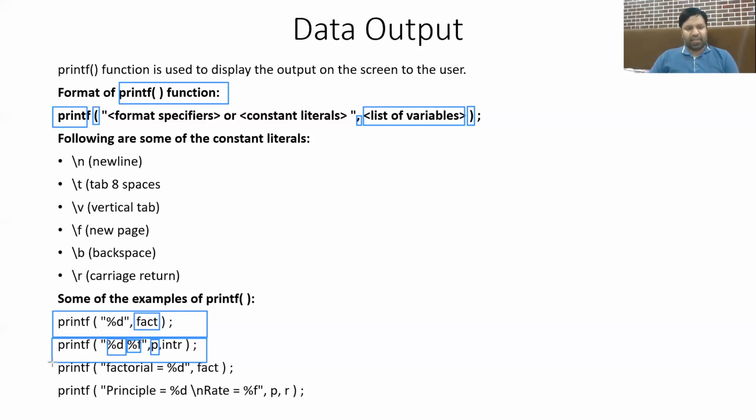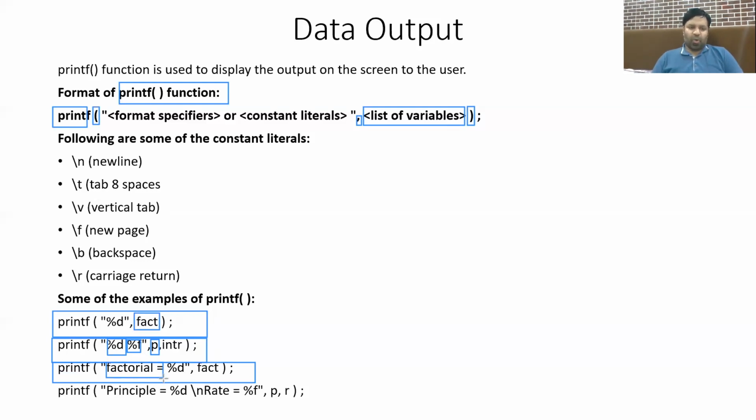The third is slightly different and very important, because within the double quotes we are using both the constant and the format specifier. Within the double quotes it is written factorial is equal to %d. So what is this factorial is equal to? This is a constant message that will be displayed on the screen.